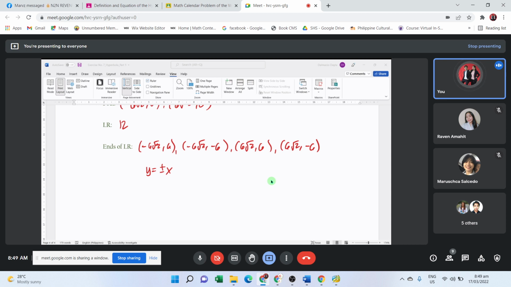Let's see if someone will be able to start next week. Mas madadali yung problem sa math calendar and mas flexible in terms of possible solution. Maraming pwedeng maging solution yung mga problems natin in math calendar.